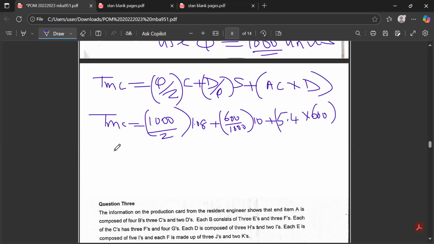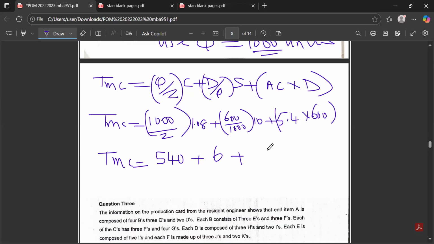So 1,000 divided by 2 times 1.08 is 540. Plus 600 divided by 1,000 times 10, it is 6, plus 5.4 times 600.